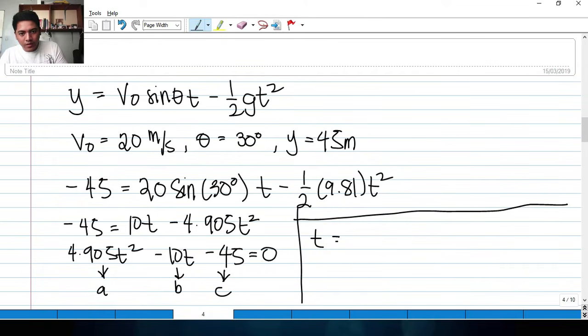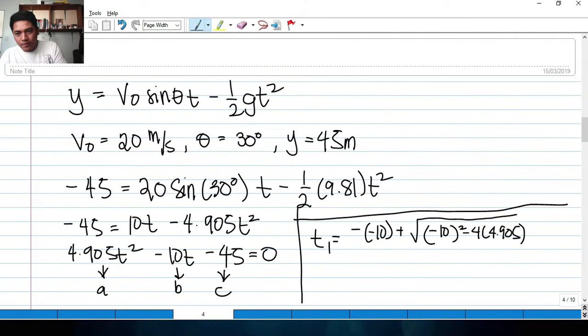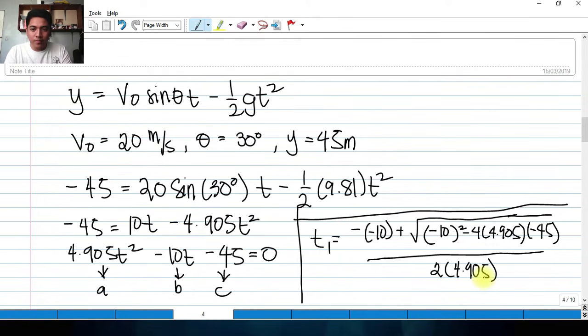So t sub 1 is equal to negative of negative 10 plus the square root of negative 10 squared minus 4 times 4.905 times C, that is negative 45, divided by 2 times 4.905.